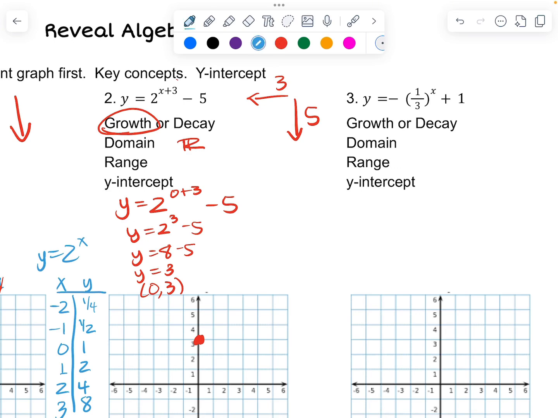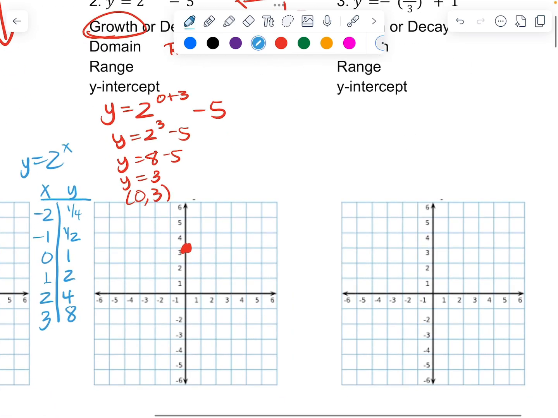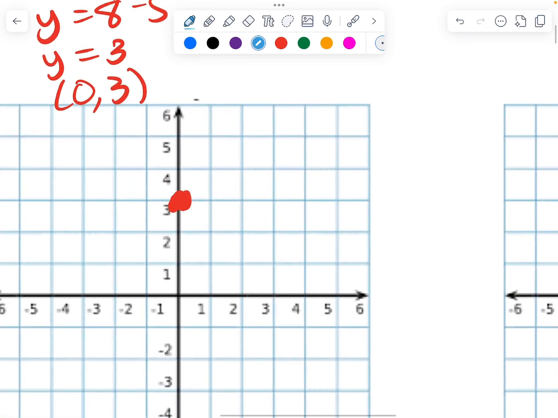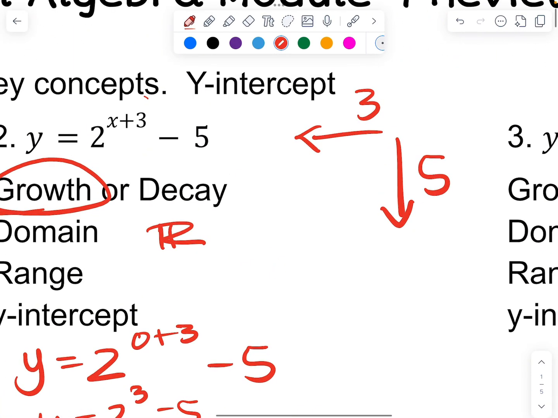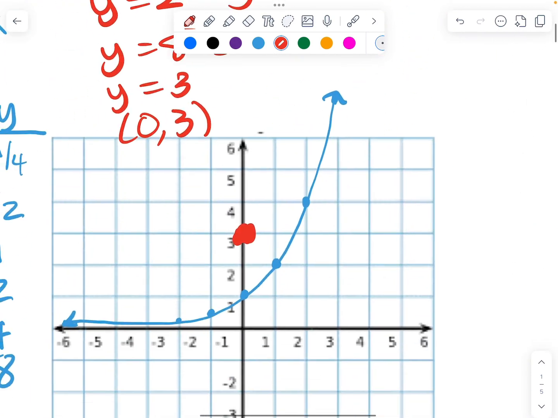I'm going to plot that automatically. Oh, sorry, I have to draw my parent graph real quick. So this is here, this is here. Okay, so I'm going to take each one of these points and go to the left 3 and down 5.